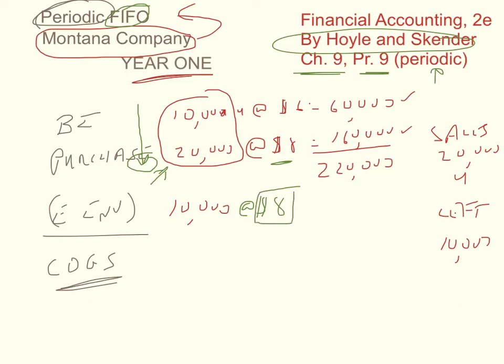Everything else was a set formula. 10,000 units at $8 a piece is $80,000. So the Montana Company for year number 1 has cost of goods sold of $140,000. Beginning inventory plus purchases less ending inventory, and the cost of that ending inventory was determined by using FIFO.